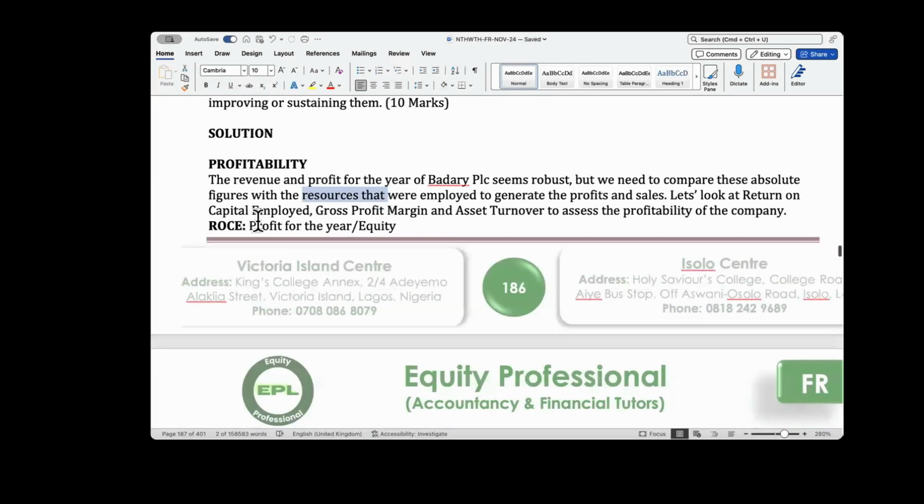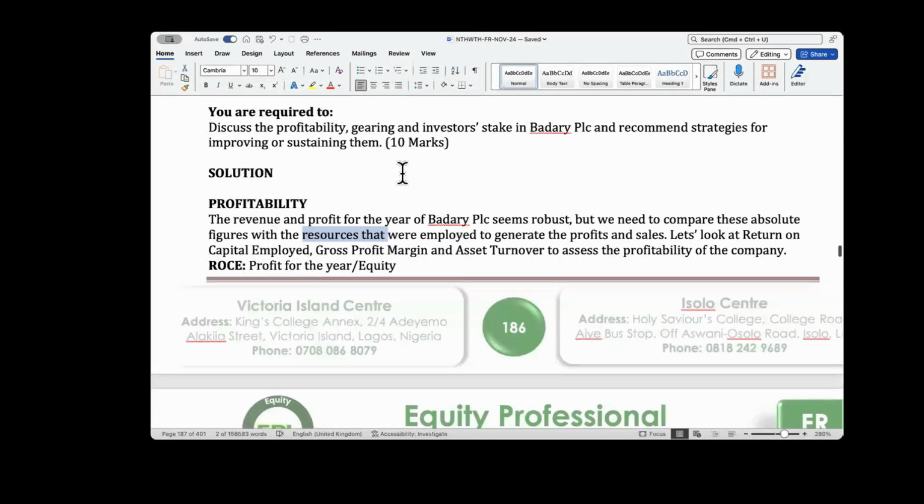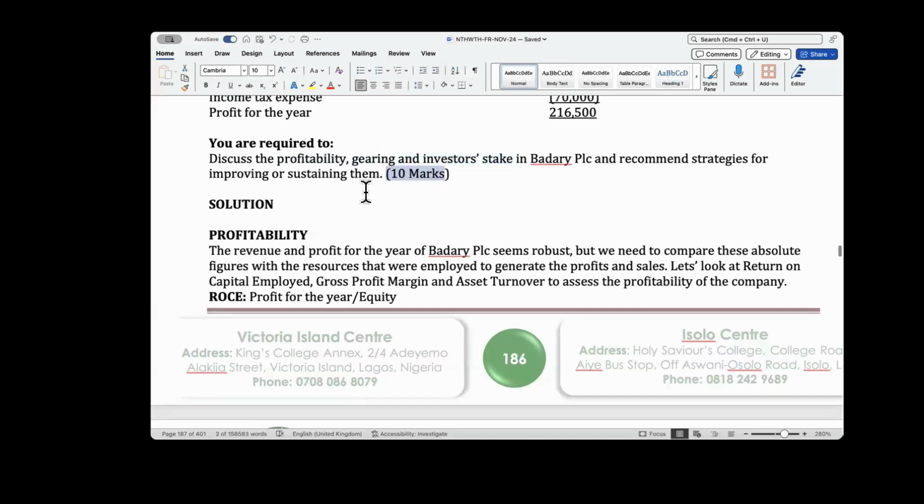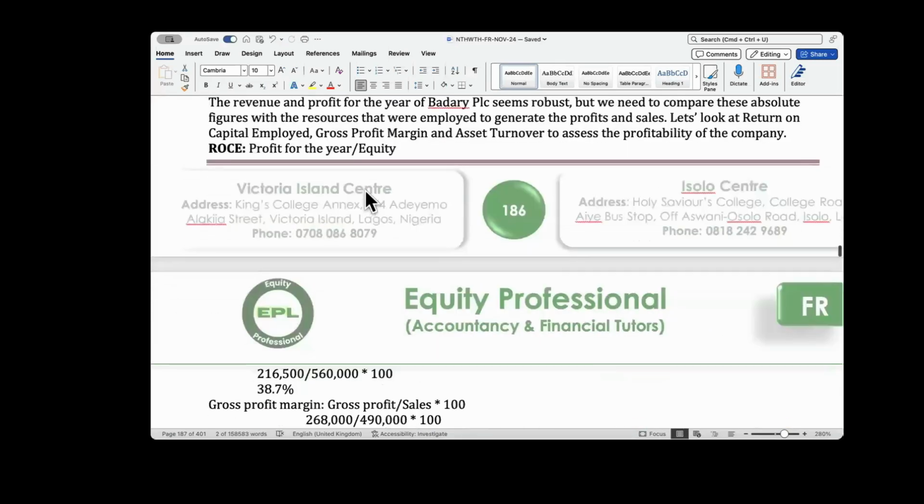And I told them the ratios I will look at. I intentionally chose 3 because my eyes are on 10 marks. I've already narrowed my mind that by the time I do 3 ratios in profitability, then another 3 in gearing, then I look at what I want to do in investors. With my explanation, I would have done well to get 10 over 10.